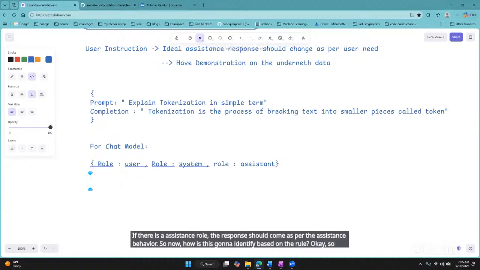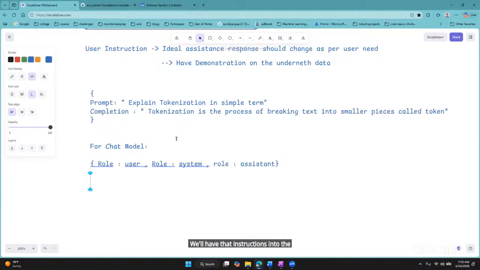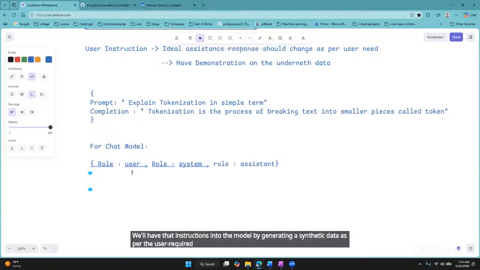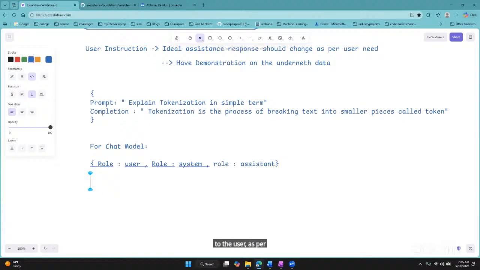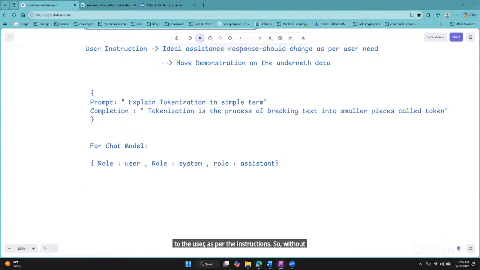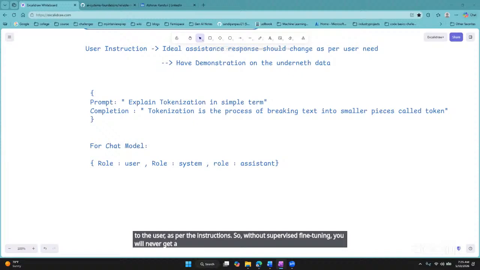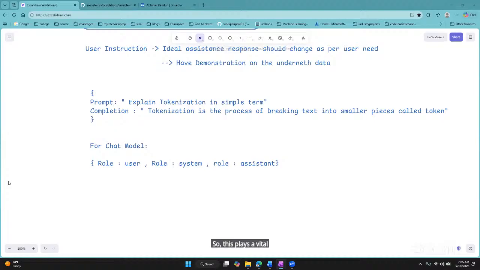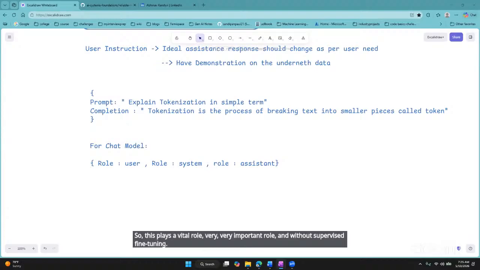The supervised fine tuning puts those instructions into the model by generating synthetic data as per the user's requirements and instructions. This is how it aligns the response to the user. Without supervised fine tuning, you will never get a proper intent response. It plays a very, very important role, and without it there is no correct LLM response.